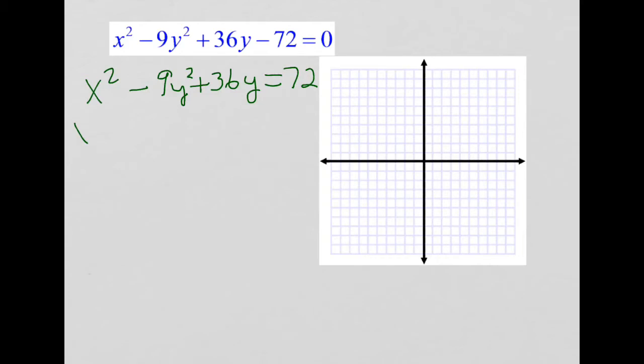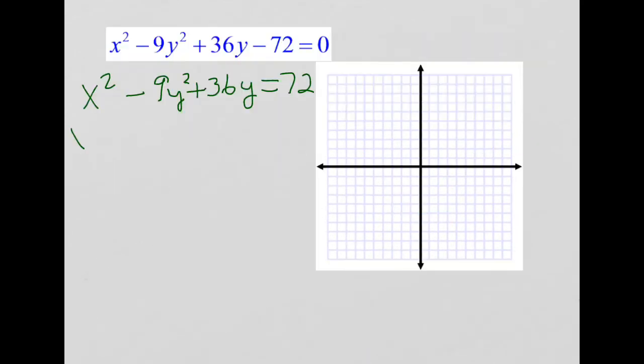Like we said, the x is done. So that's x squared. Now, in the y's, I need to take out negative 9, and that leaves me with y squared minus 4y is equal to 72. The missing part is going to be half of 4, which is 2 squared, so I'm going to add 4.